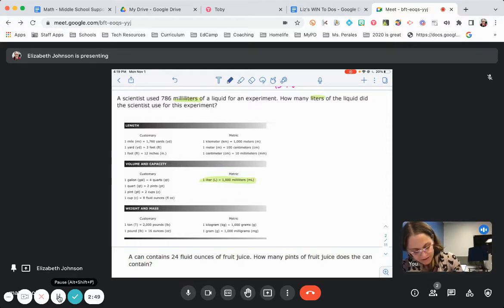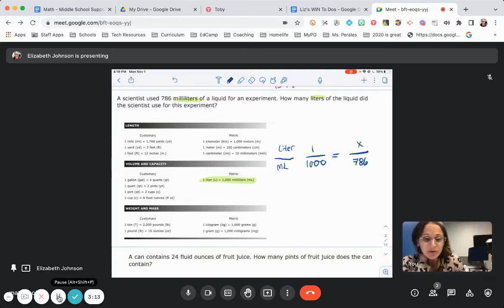We know that 1 liter is the same as 1,000 milliliters. So here's liter, here's milliliters. I'll abbreviate. 1 liter is the same as 1,000 milliliters. We have 786 milliliters. So since I have milliliters in my denominator, 786 goes in my denominator.